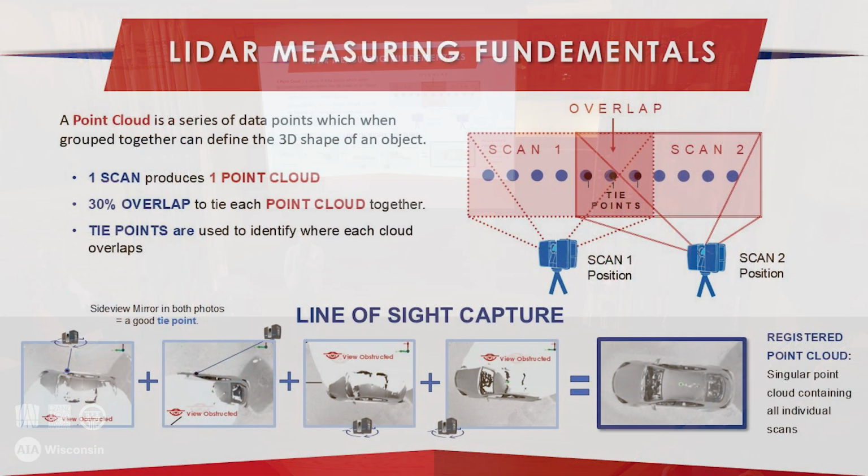So the example that we have on the screen here is scanning a vehicle. You can see that 4 different scans gives you 4 different point clouds, all with different coverage of the vehicle. But so long as you maintain what we like to say, 30% overlap is kind of that magic number, the software can then do a good job of registering those individual scans together to get to that registered point cloud.